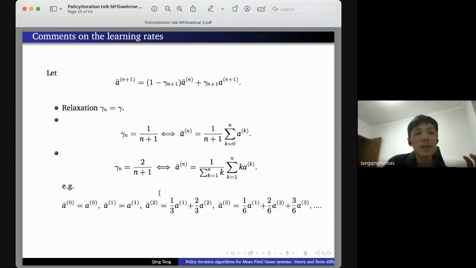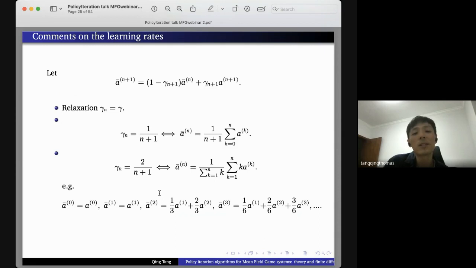I want to comment a bit on the learning rates. First of all, we can use a constant learning rate, which is called a relaxation. It's widely done. Another one is just to use the mean.